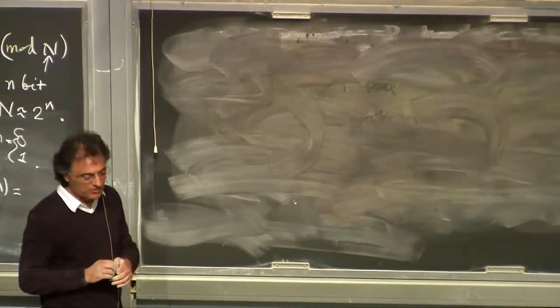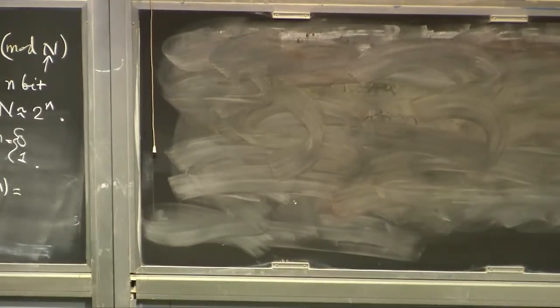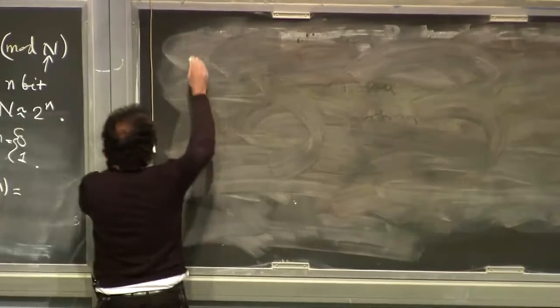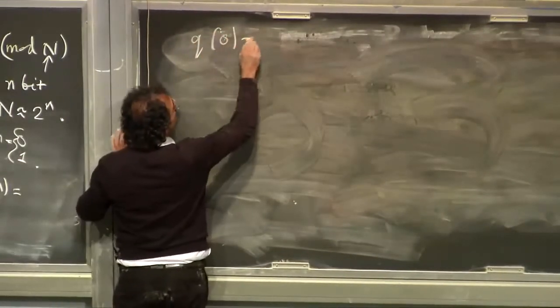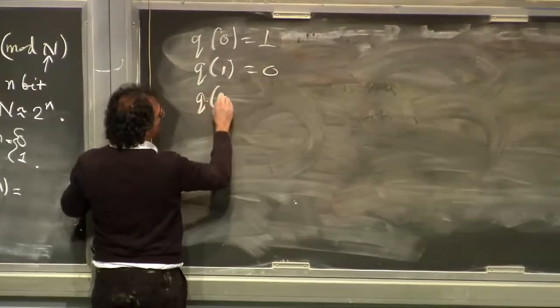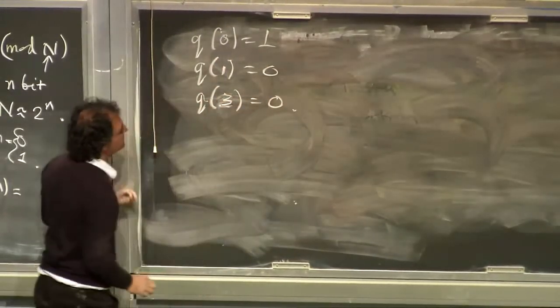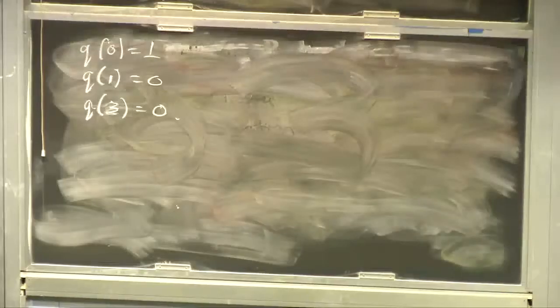Let's instead find a polynomial Q. It's always easier to find Q than P. So let's find Q such that Q of 0 equal to 1, Q of 1 equal to 0, and Q of 3 equal to 0. Okay, so how would you find such a polynomial of degree 2?